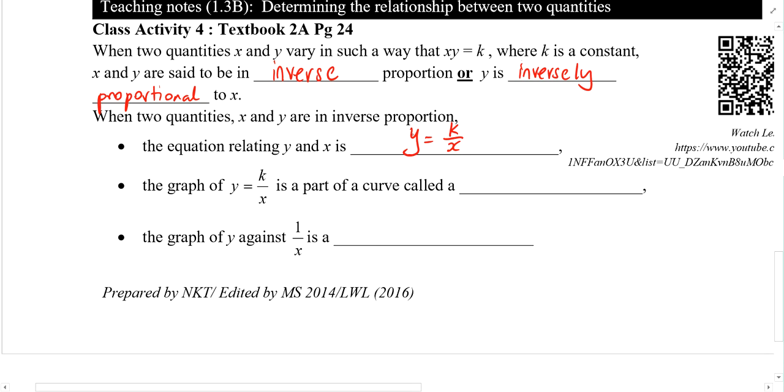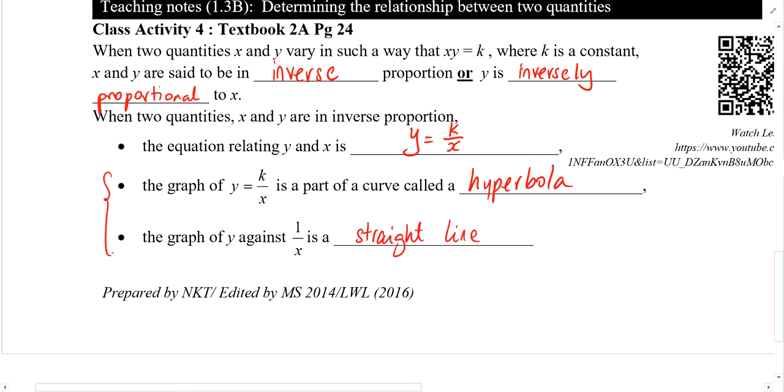So this is a part of a curve called a hyperbola. Do we need to know how to spell? No need, not tested. It's just a name. So the graph of y against 1 over x is a straight line.